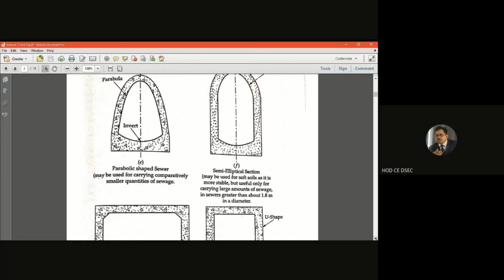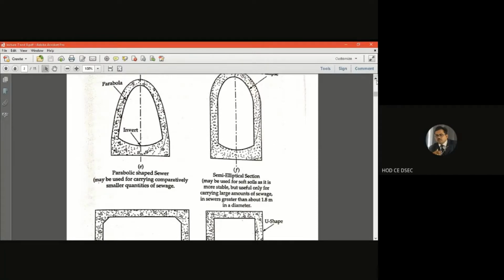Now, the sixth sewer I am going to acquaint you with is the semi-elliptical section. You see, it is half of an ellipse, so it is called the semi-elliptical section, as seen from the figure. It is useful only for carrying a large amount of sewage in sewers greater than about 1.8 meter in diameter.